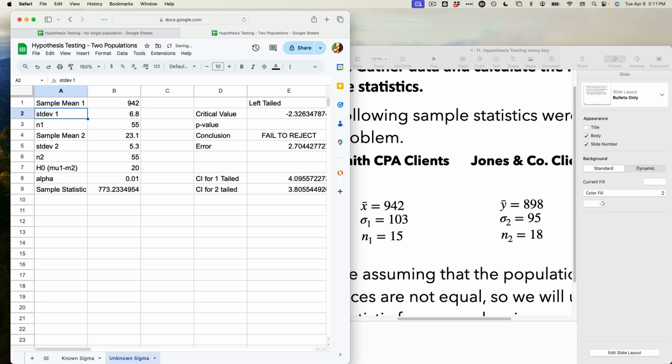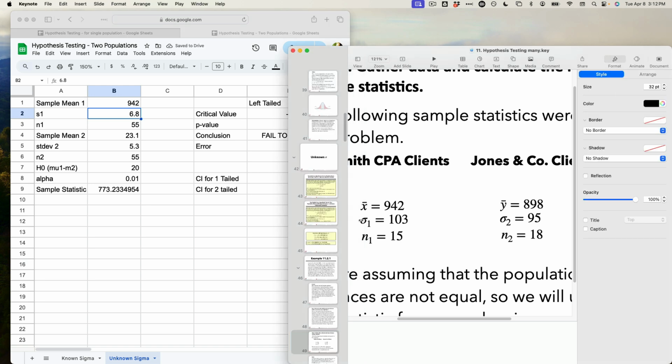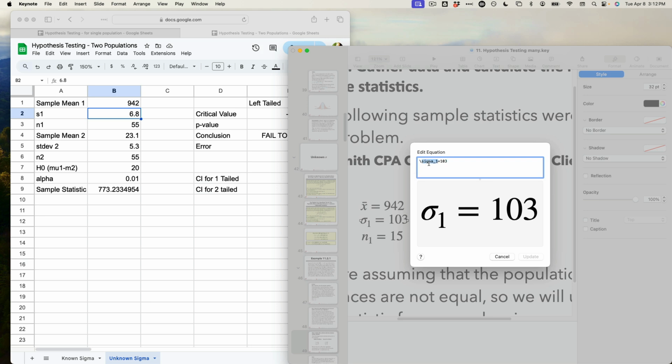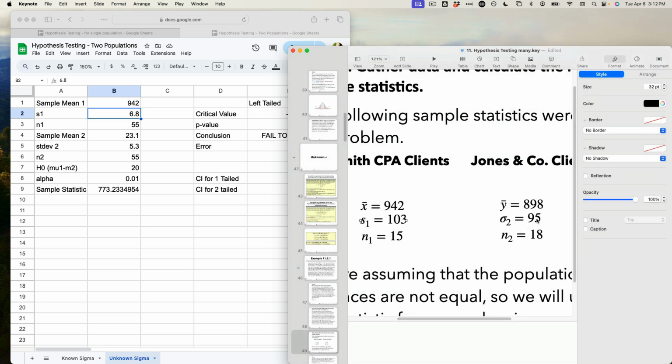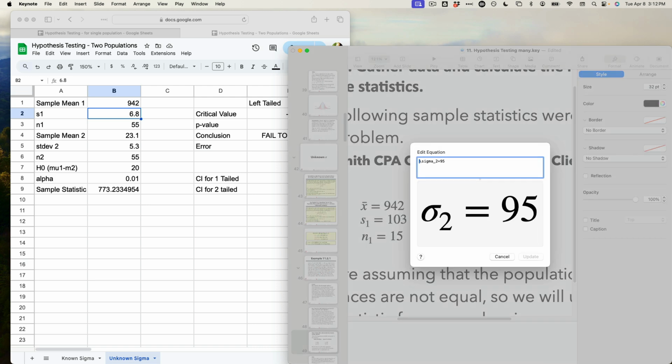And sigma 1, so I'm going to call this S1 rather than standard deviation 1. This is the sample standard deviation, just to make sure, this actually should be S1. This is my bad. Bad, Professor Saad, bad. You should deduct points from my exam.